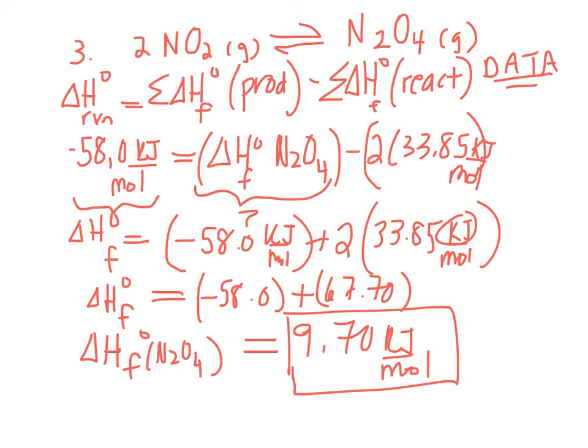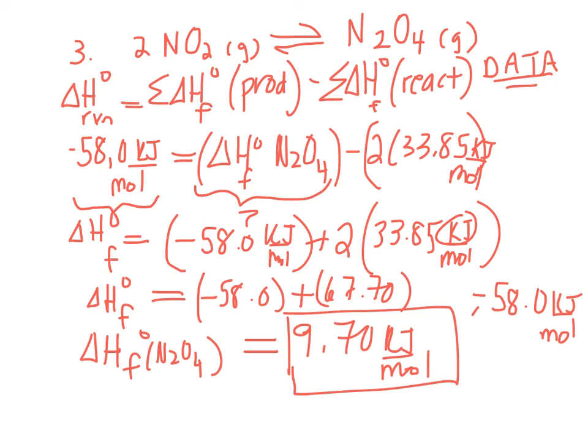And to talk a little bit about this question, the question is about whether the reaction is endo or exothermic. We were given the data for the reaction, the enthalpy of the reaction initially, and that was minus 58.0 kilojoules per mole.